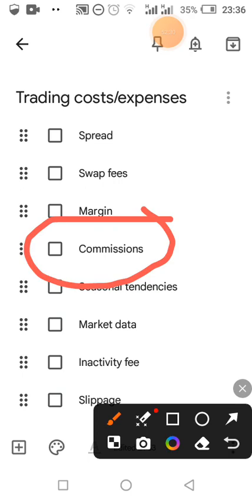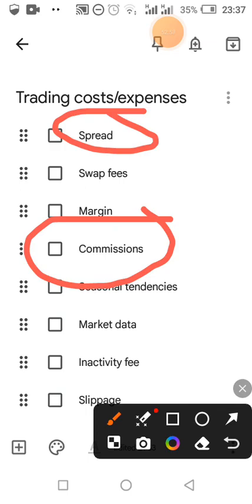Then B booking brokers, where your broker creates his own market in which you trade in, will not charge commissions, but will usually just charge only spread instead. And then maybe some of them could open a slightly bigger spread so that they compensate for them not making money with commissions.